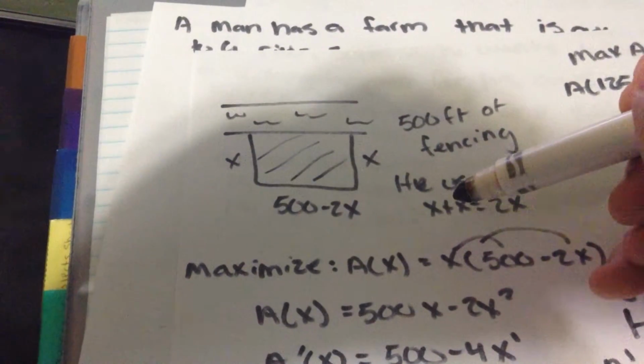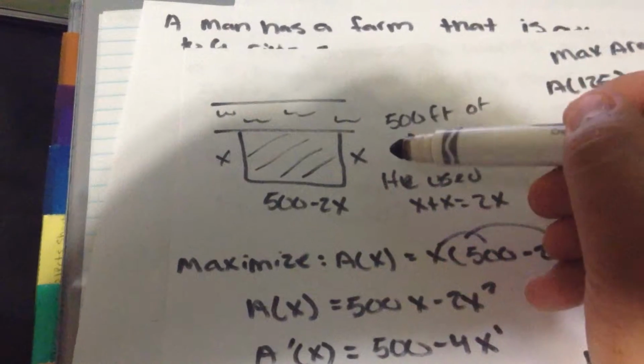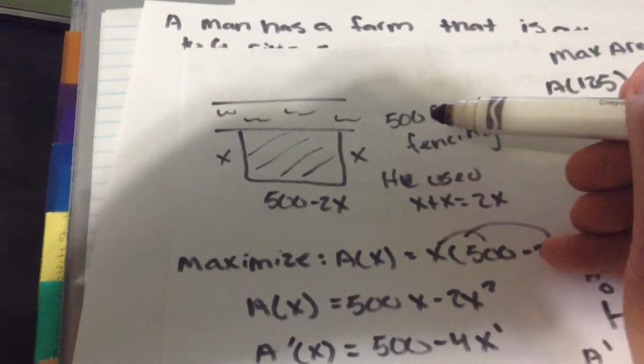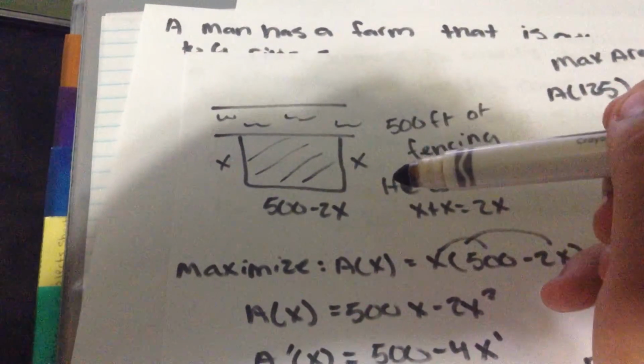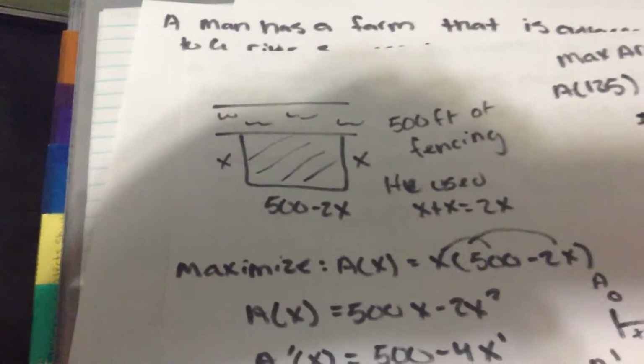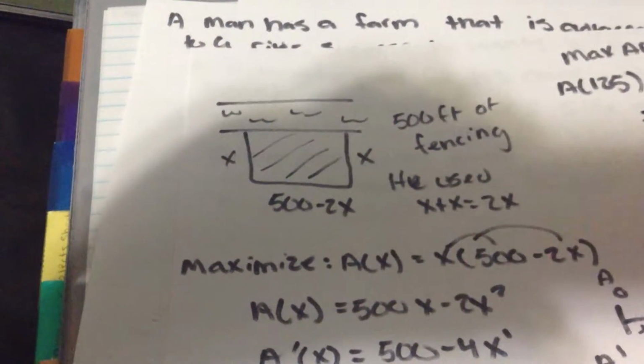He used x plus x equals 2x because he already used this, and to find this you just subtract it from the 500. He doesn't use this side to fence. He's using the river too, so he doesn't use any of the fencing.